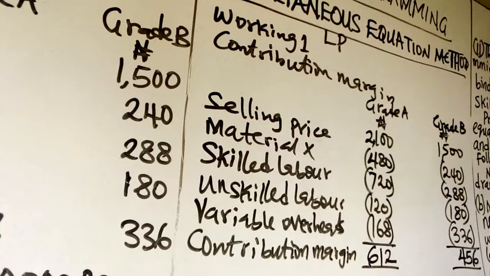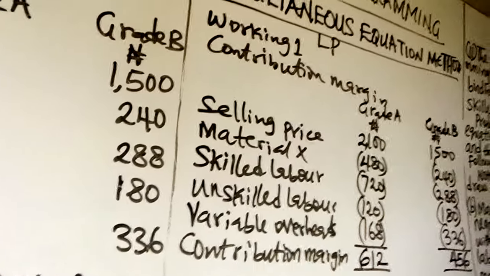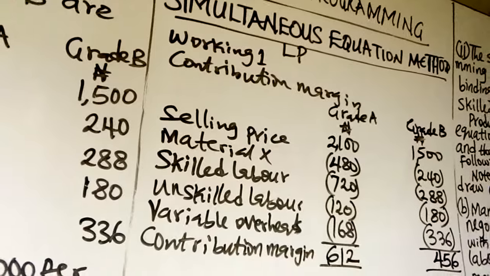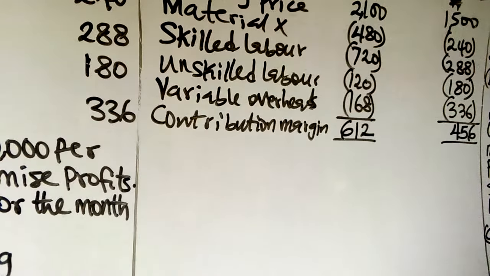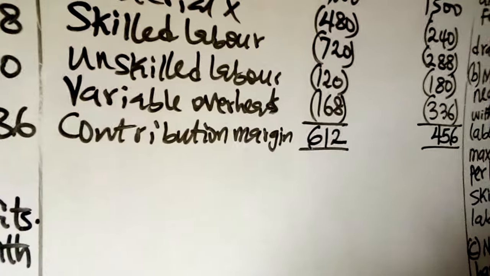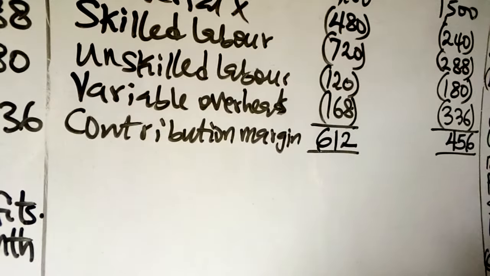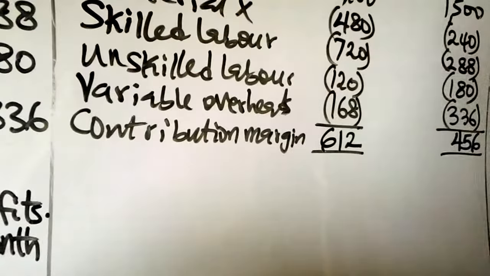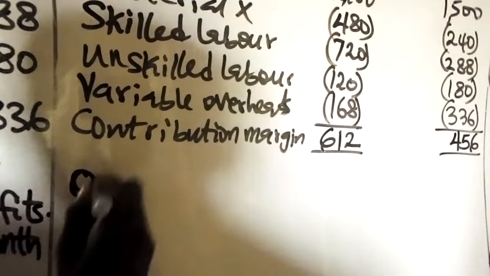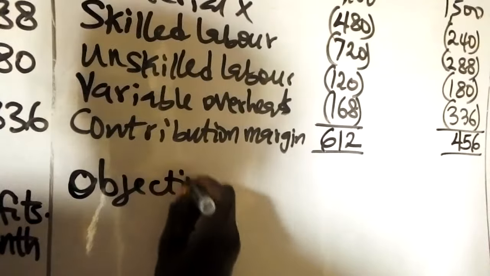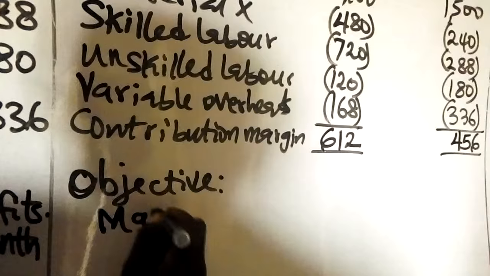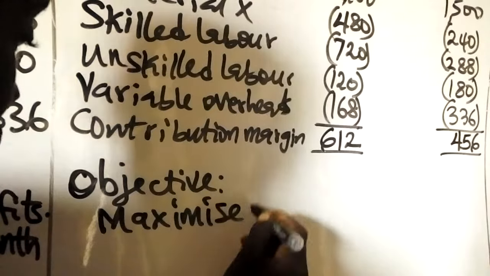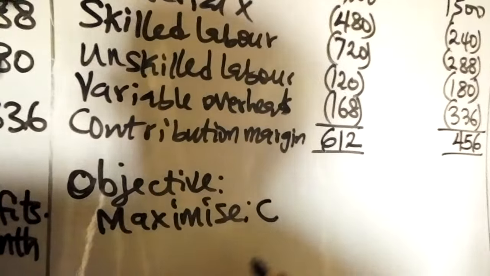Then, having calculated our unit contribution, the next thing is to establish the objective function. Your objective should be to maximize. So you now put objective: you want to maximize the contribution.